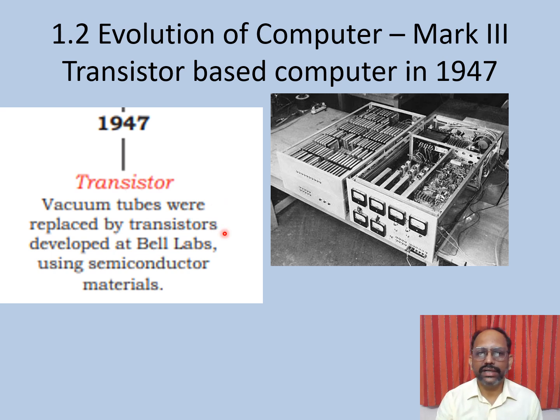You can see the Mark III computer. Of course, compared to the present day computer, it is very, very huge. But compared to any other computer of that time, this is very, very small. So, in 1947, Mark III was the first transistor-based computer in the evolution of computer.